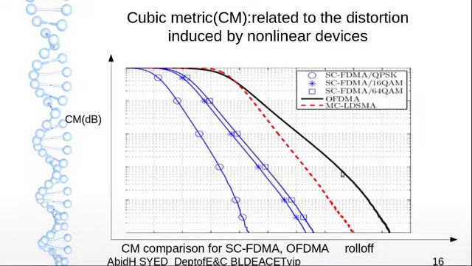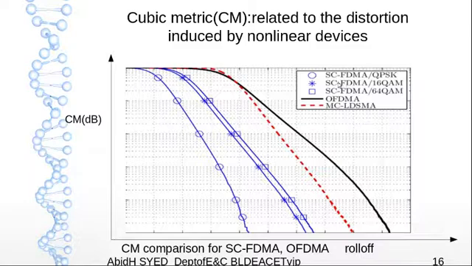This makes a significant difference while you are addressing the concept of power. This also helps the receiver, your mobile, in minimizing the power consumption while you are trying to recover your original signal. So this is the cubic metric comparison for SCFDMA and OFDMA.